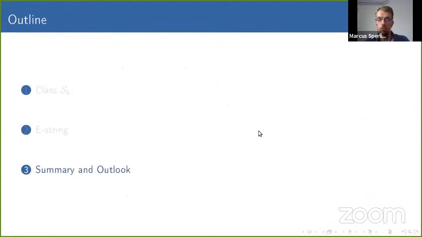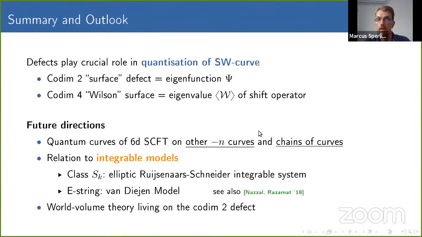So long story short, what we have found is that if you want to study the quantization of six-dimensional Seiberg-Witten curves, or you want to understand how certain defects interact among each other, then the quantization of these curves is intimately related to various types of defects, and they play different roles.